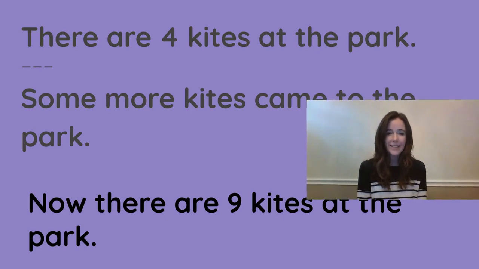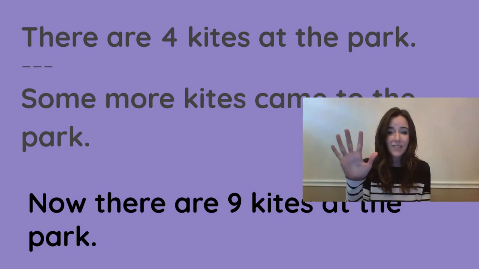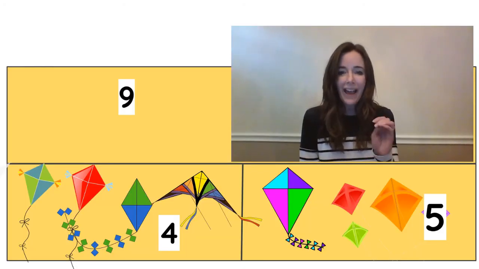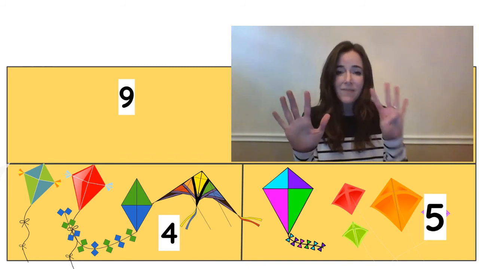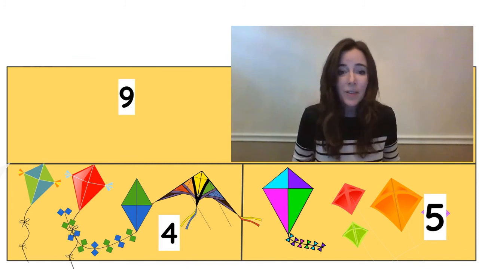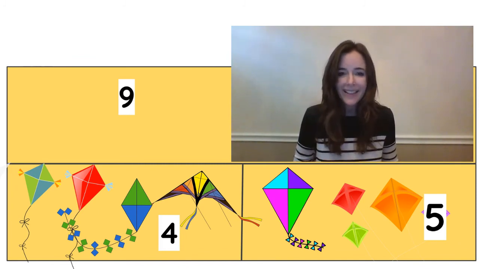How many more kites came to the park to make 9 kites? If you said 5, you're right. We know that 5 and 4 makes 9. The answer was on the part-part whole mat.